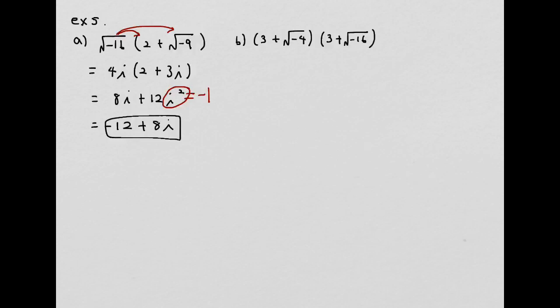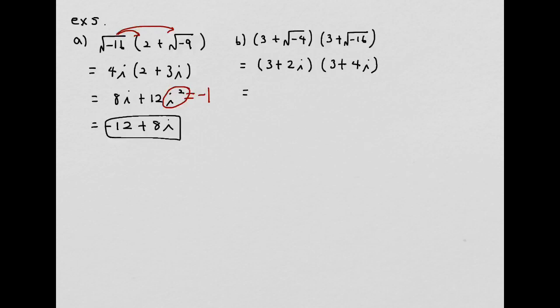Let's try the next one. If you are doing multiplication with 2 terms times 2 terms, you do foiling. But before we do that, we want to convert this into imaginary values. So it will be 2i for the first radical, and then 4i for the second square root.